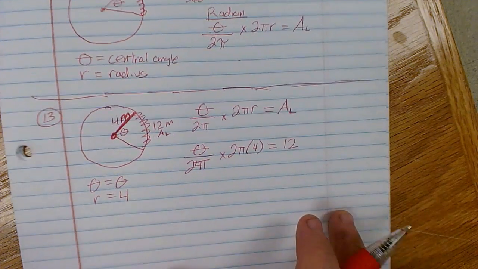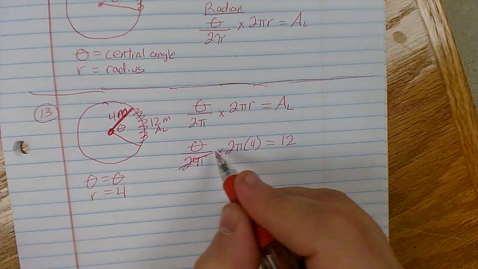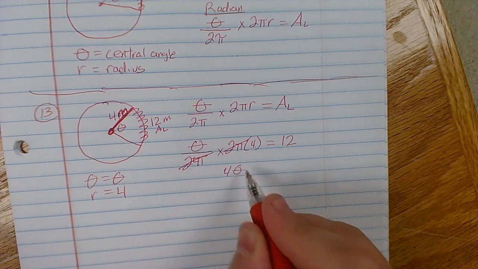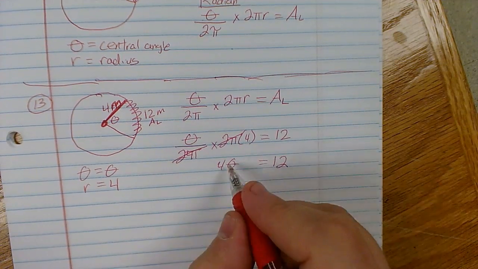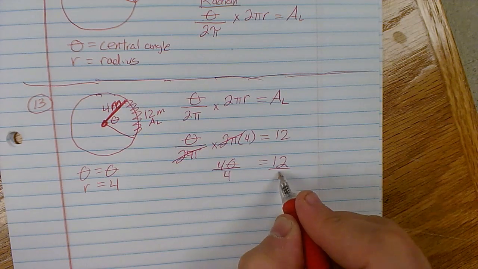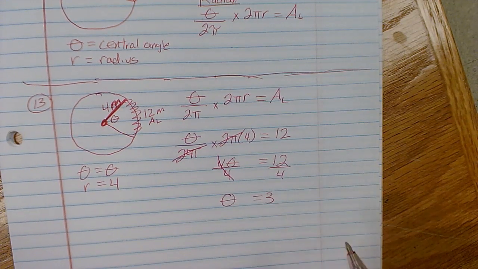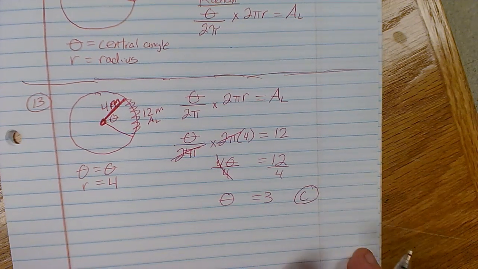The nice thing about the radian version is, since there's 2 pi here and 2 pi here, we can cancel the pi's out, and we can bring the 4 and the theta together, and we get 4 theta is equal to 12. Divide both sides by 4, so theta is equal to 3, which is our answer choice on the worksheet of C.